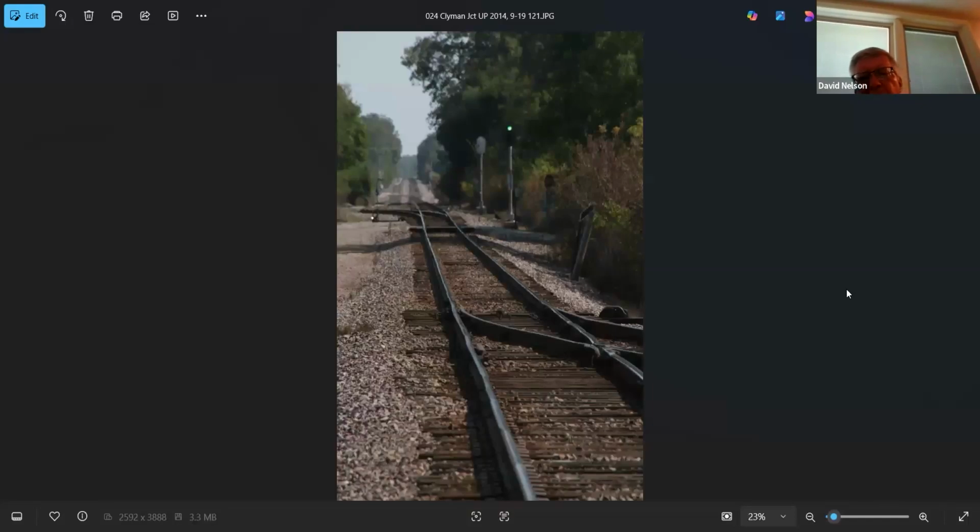Here's another alternative. This is Kleiman Junction in Wisconsin on the Chicago and Northwestern, now Union Pacific. This used to be a crossing. And like most crossings, it was maintenance intense. And so it's been replaced by two turnouts.